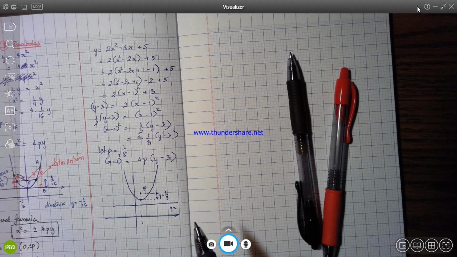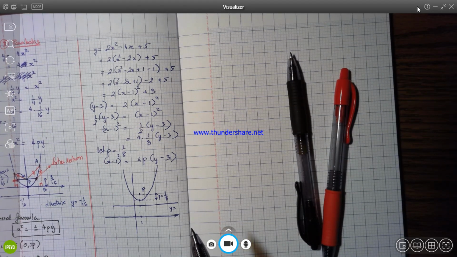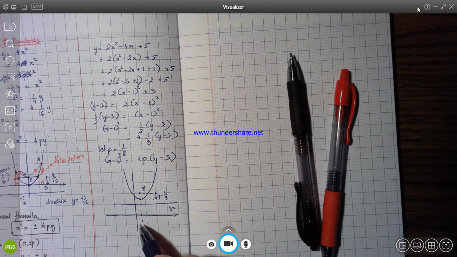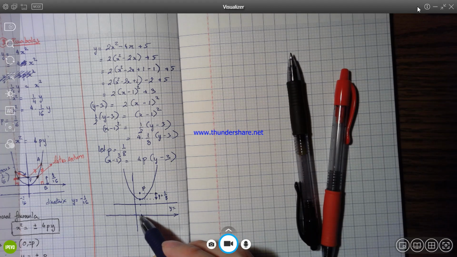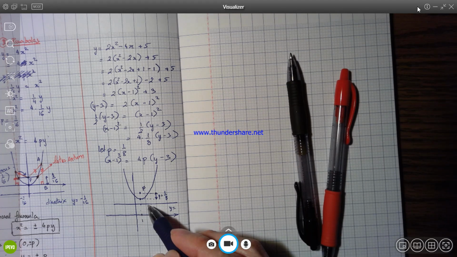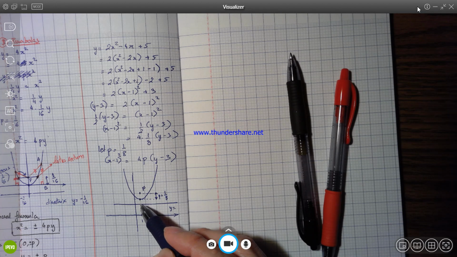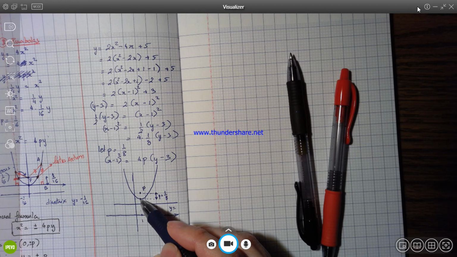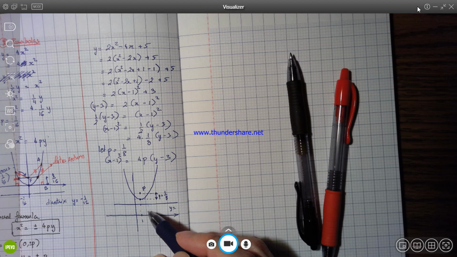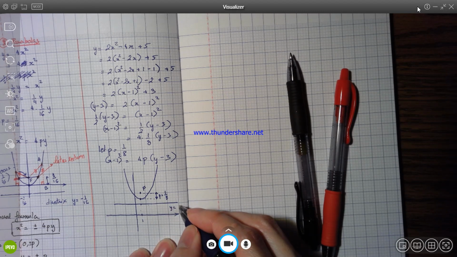It's not y equals 1/8 anymore, right? Because y equals the distance from here to here, it goes down by 1/8. The total from here to here is 3, so over here it will be 3 minus 1/8.